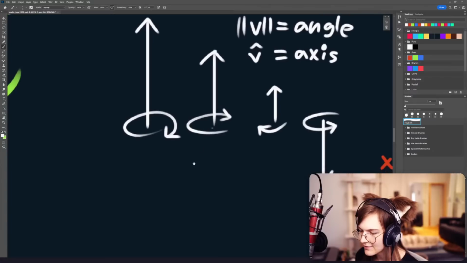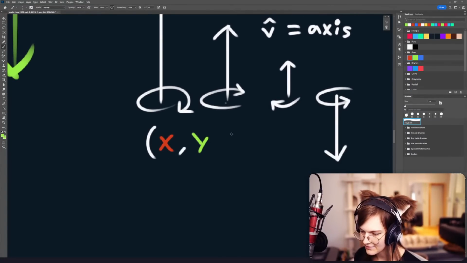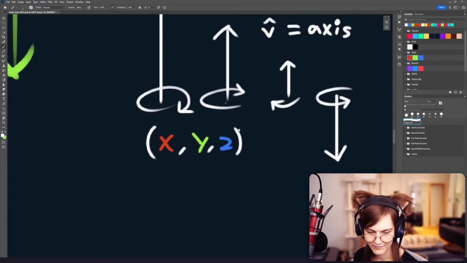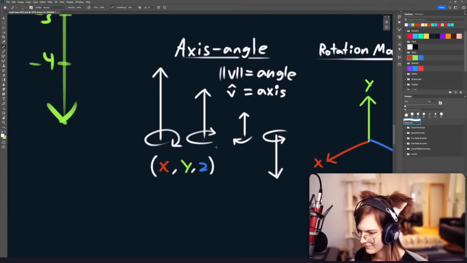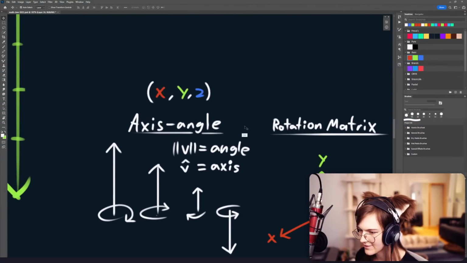So axis angle is stored in a regular 3D vector. So x, y, z. So that's how that is stored.